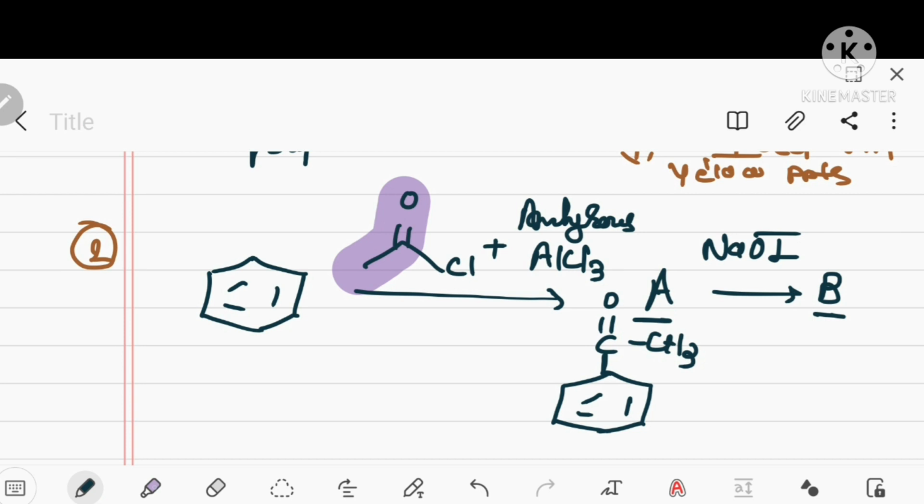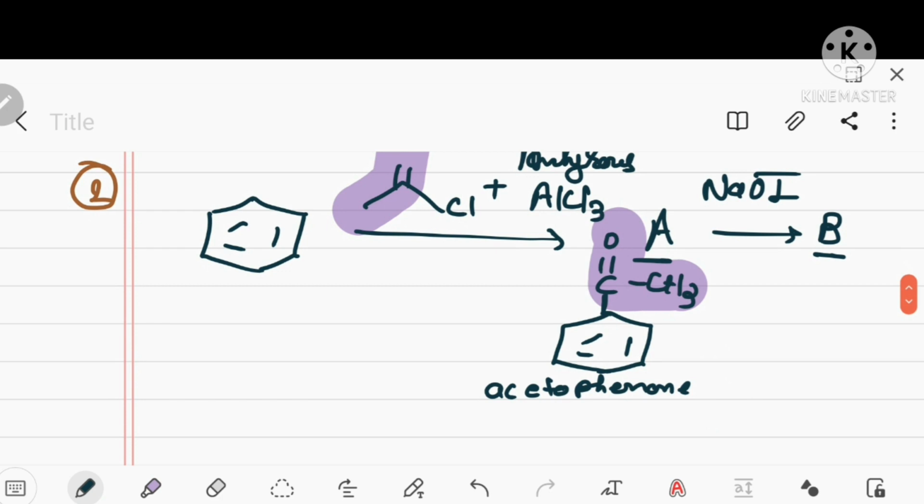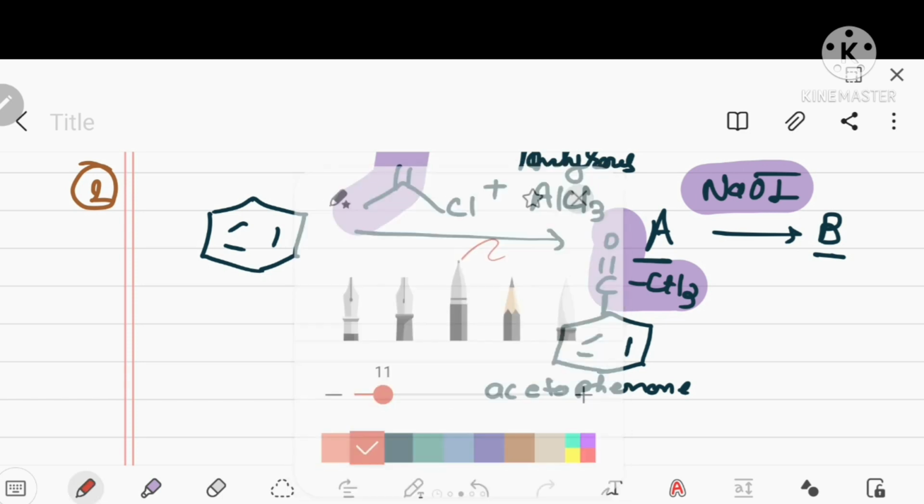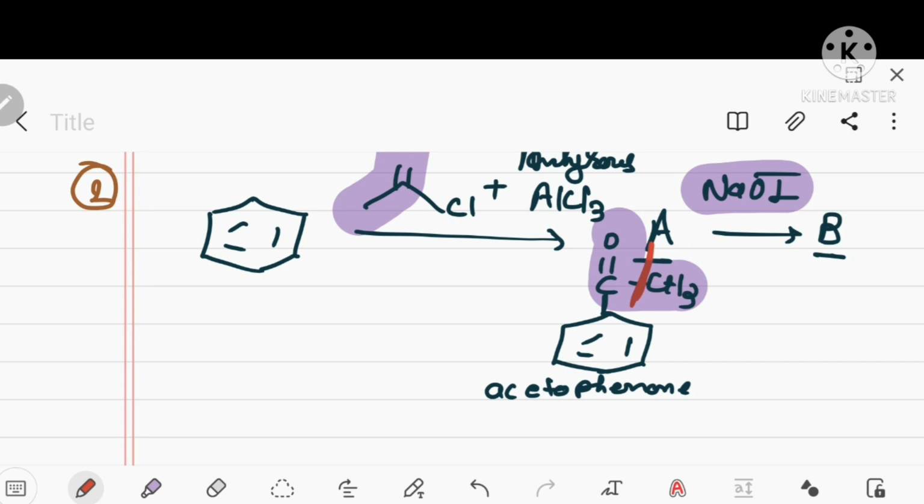Now the most important point: this compound, acetophenone, has a methyl keto group and we are given sodium hypoiodide, so it undergoes the iodoform test. The short trick is given: first you break this point.